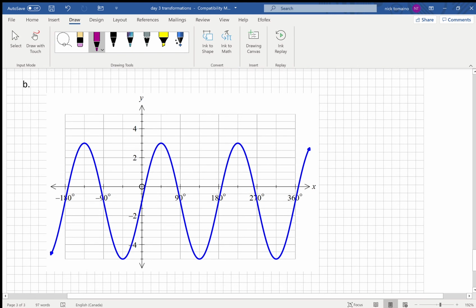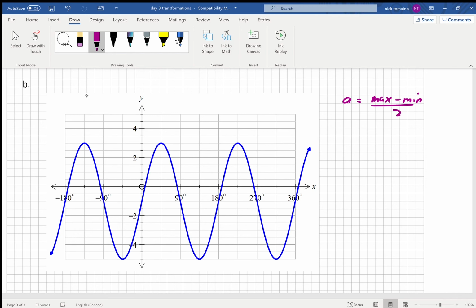All right, now for this one right here, it looks like we do have a shift because it's not symmetrical on the x-axis. It's actually been shifted down. So the amplitude is a little bit harder to figure out, but again, you just take your max minus your min divided by 2.